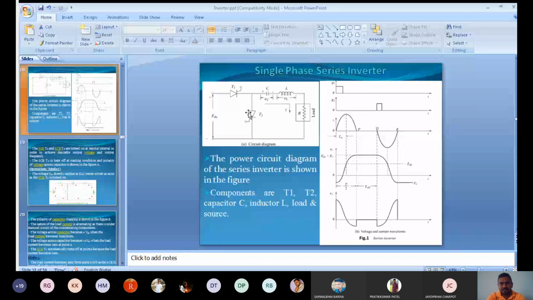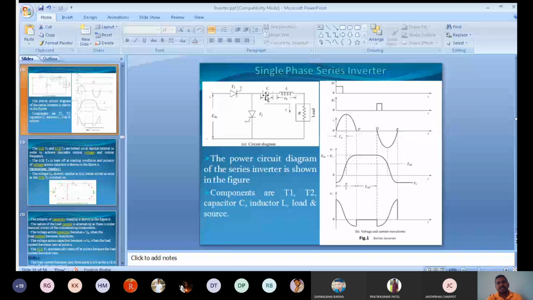The capacitor is fully charged and the voltage across it is EDC plus EC. So current will flow in this direction, from the capacitor to SCR T2 to R to L to C.